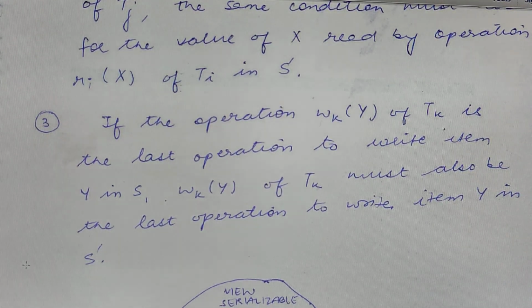Suppose Tk is some transaction who has performed the last write operation on data item Y. The scenario should be the same in case of schedule S dash as well. The final write operation on Y should be performed by Tk only in the schedule S dash as well.